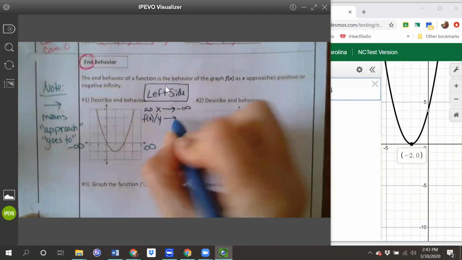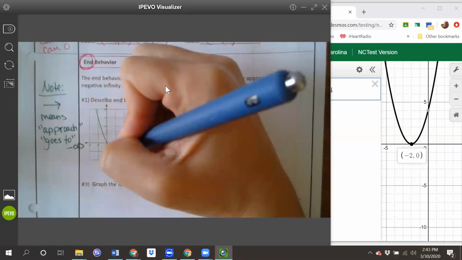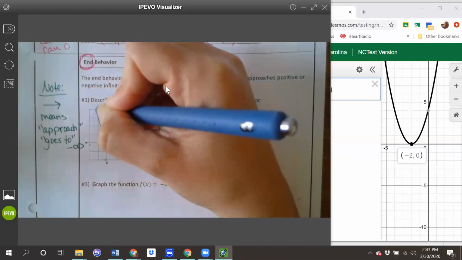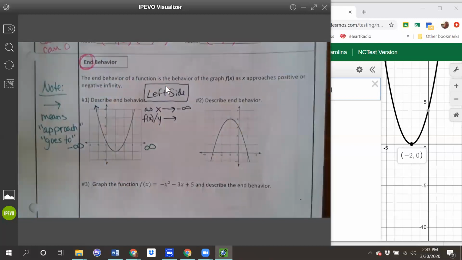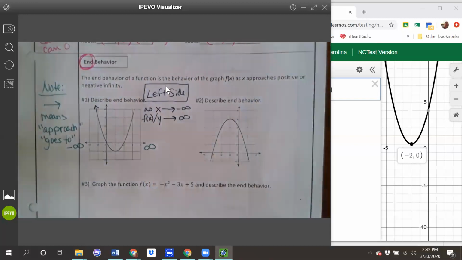My y values are going off to where? So if I follow this graph to the left side, I'm going farther and farther and farther left. Where is this going in the y direction? It is going up towards positive infinity.